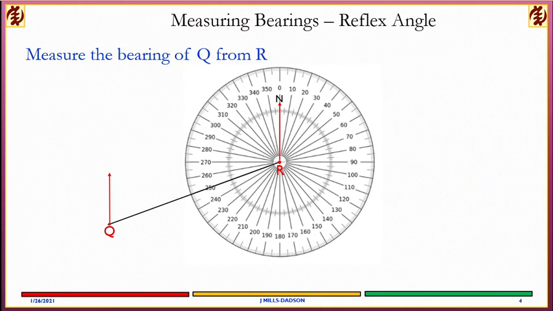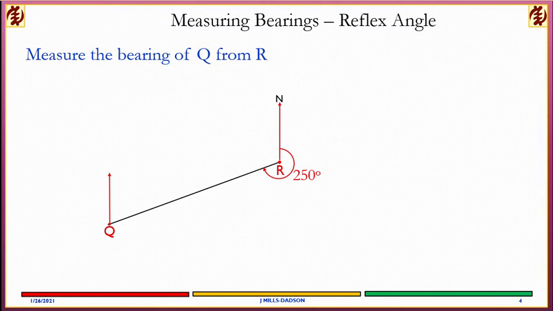Align your zero line with the north line, then start measuring clockwise all the way. Remember, it's always clockwise. The black line falls on 250. Therefore, we say the bearing of Q from R is 250 degrees. So these are the 2 examples showing you how to measure bearings.